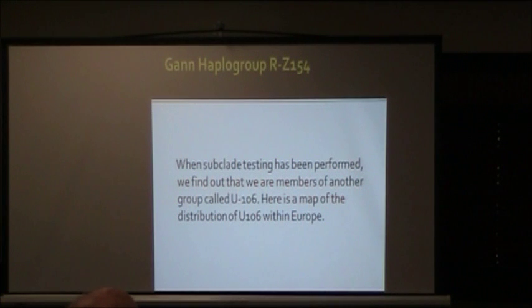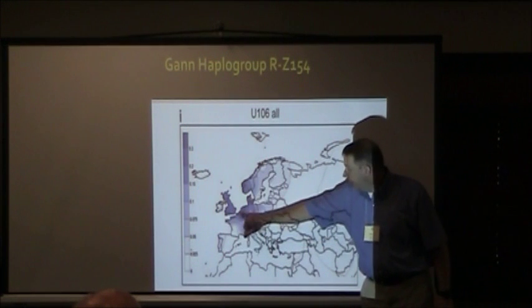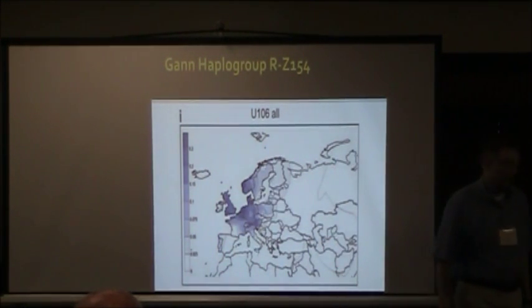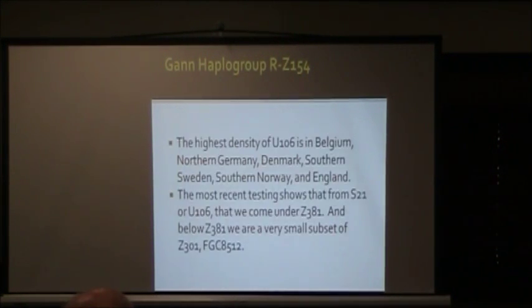When subclade testing has been performed, we find that we are members of another group called U106. Here's the next one, a map of what U106 in Europe looks like. See the distribution? It's really thick right in here along the coastlines, and in England. We're the U106. All right, next.